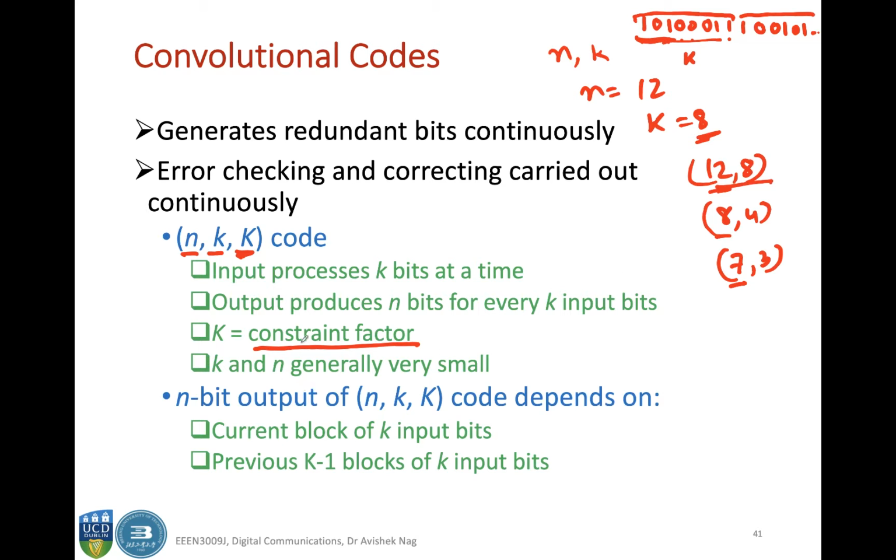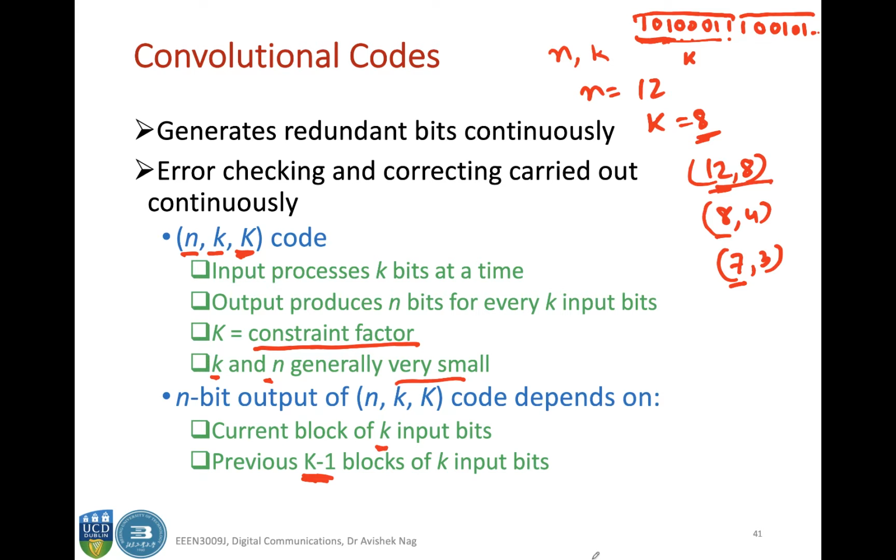So small k and small n are generally very small for convolutional codes, and the n bit output of this convolutional code depends on the current block of k input bits, so small k is the input bits, and the previous capital K minus 1 blocks of k input bits. So what does that mean?